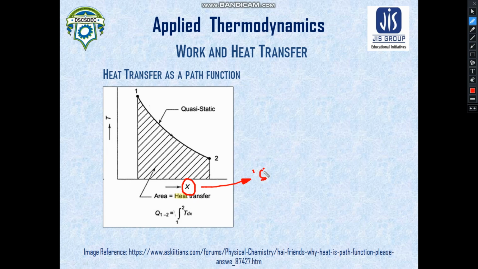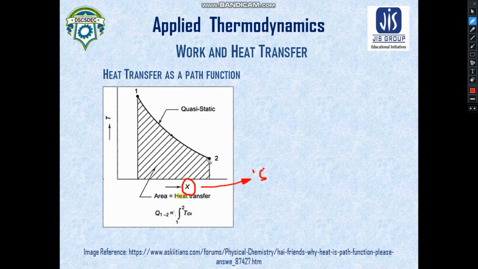We shall discuss entropy in later lectures, but this X is considered to be an extensive property, whereas this temperature T is considered to be an intensive property.